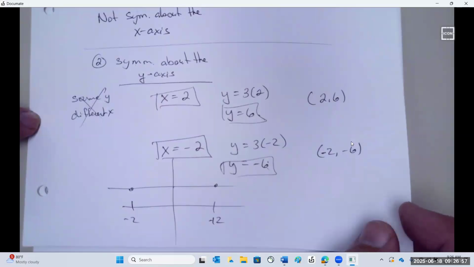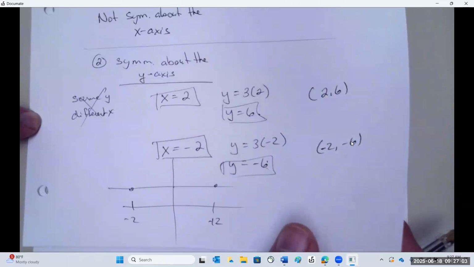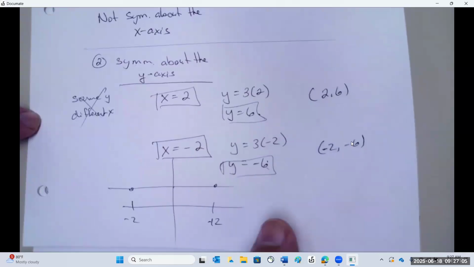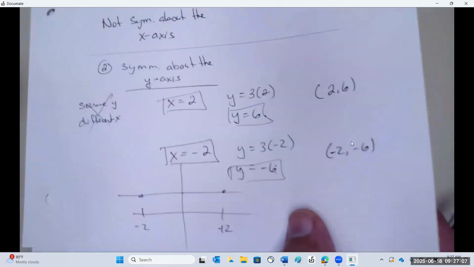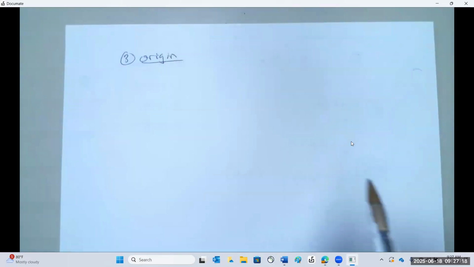And what's the third one I gotta check? I check about the origin. So for the origin, what has to be true there?